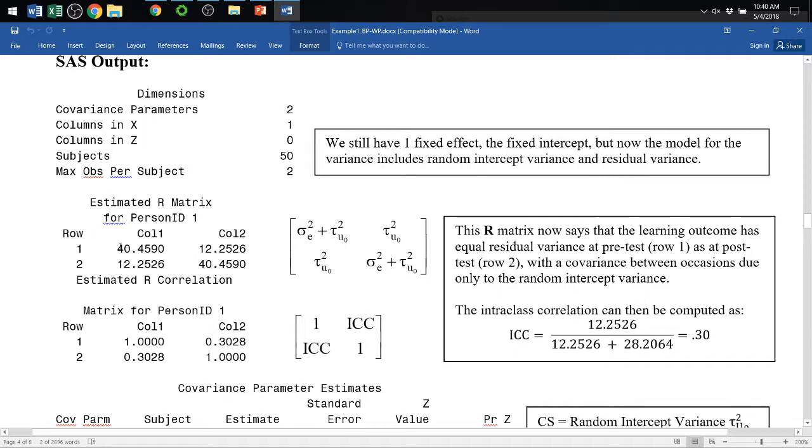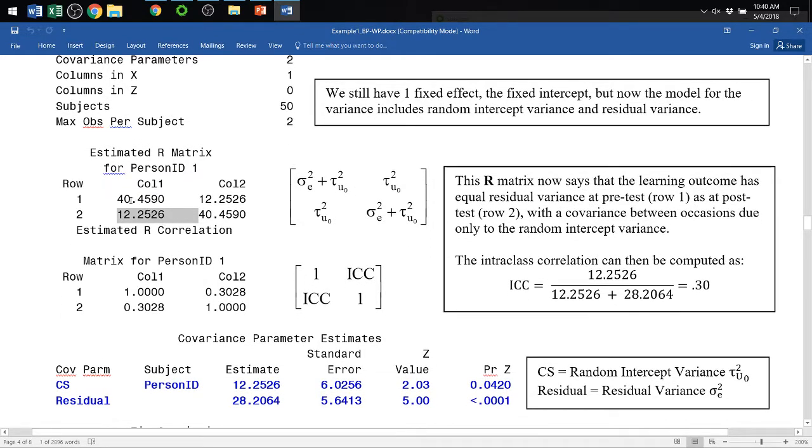That's what this says. So we still have the same total variance, which is 40, but now we're saying that 12 of that is because of this random intercept variance. So the diagonal that gives us the total variance at time 1 and at time 2 is the sum of the within, the E variance, and the between random intercept, the level 2.